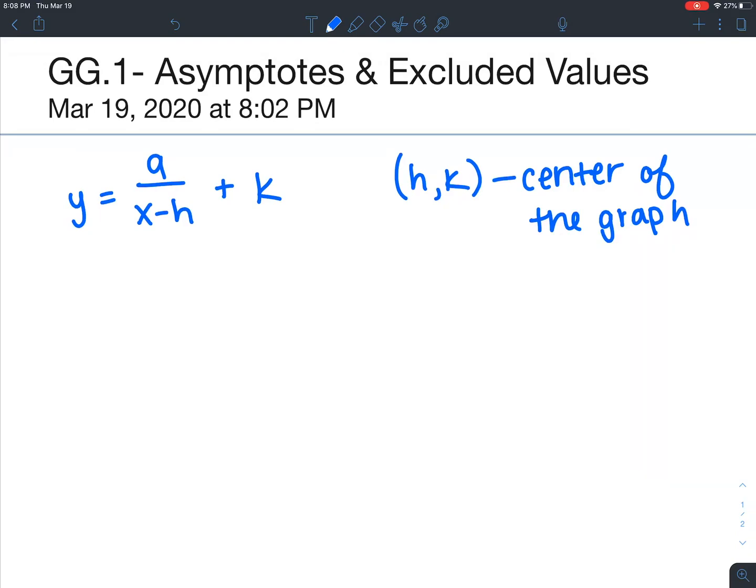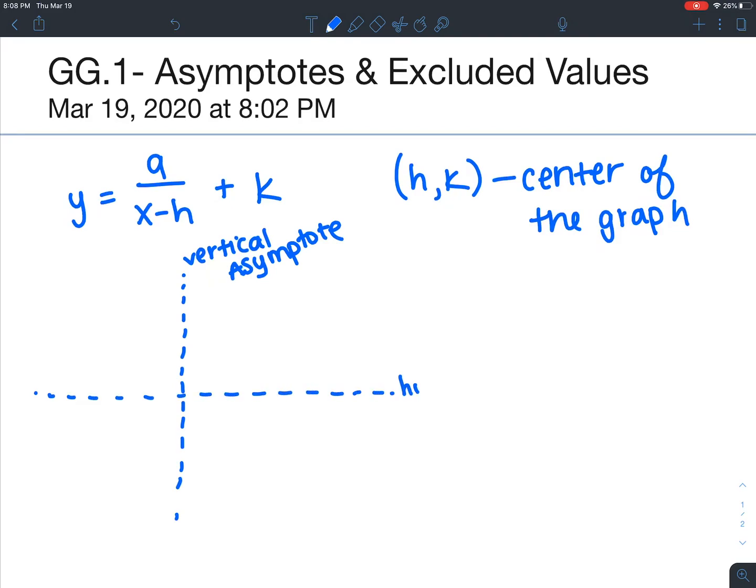These graphs are going to have dotted lines. That is called your vertical asymptote. And then you're going to have horizontal lines, which are your horizontal asymptotes.